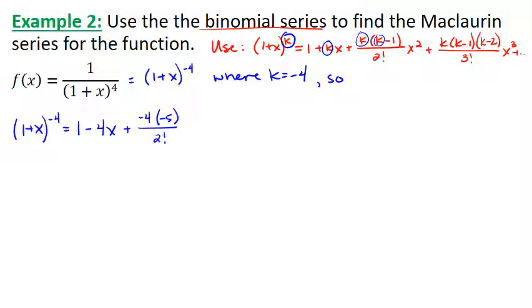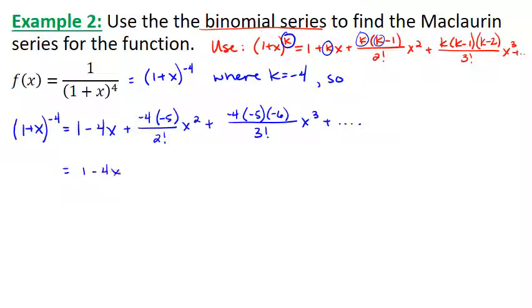Don't forget the x. Plus -4 times -5 times -6, all over 3 factorial times x cubed. If you need some more terms, go for it. But let's simplify this and see what we have.